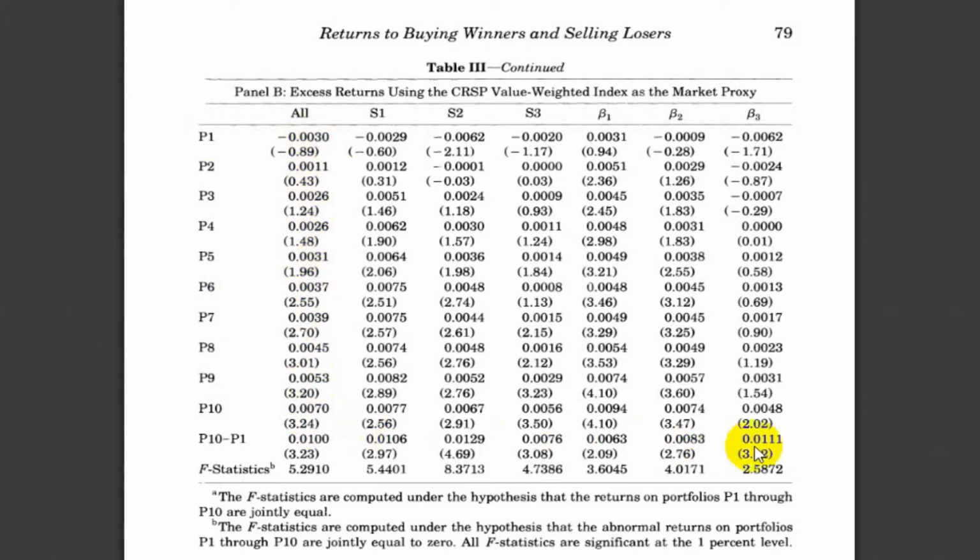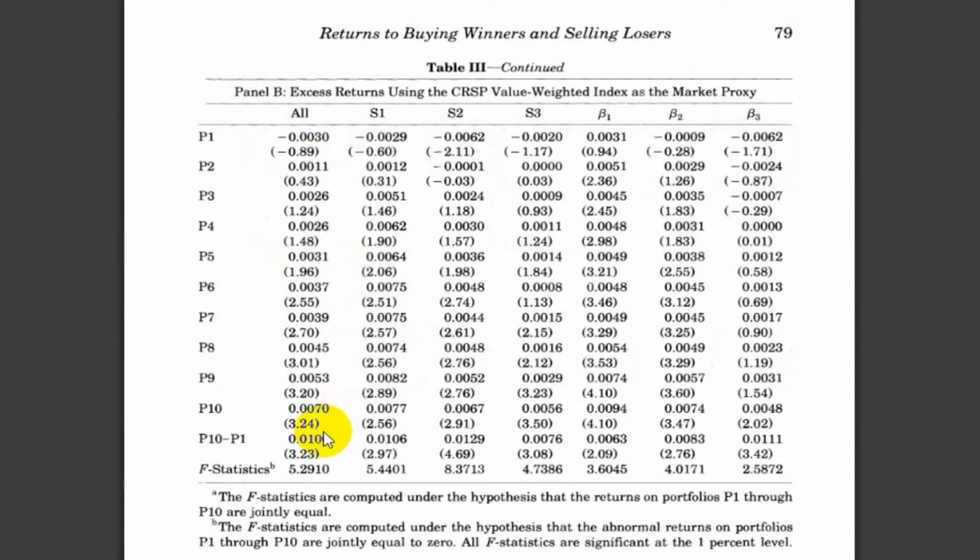And that's across all of the portfolios. Also, we can see that the difference between portfolio 10 and portfolio 1 is mainly attributable to the winning side of the trade, because portfolio 10 and the higher portfolios have significant T statistics. However, the lower portfolios are not significant across their T statistics.